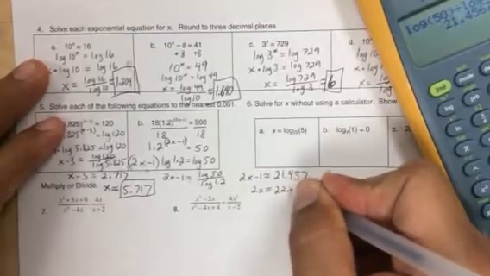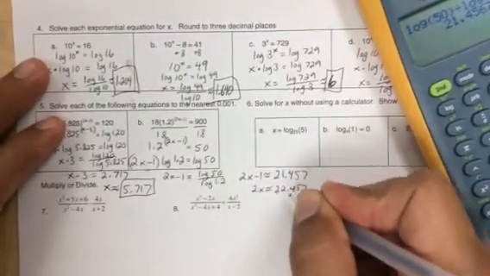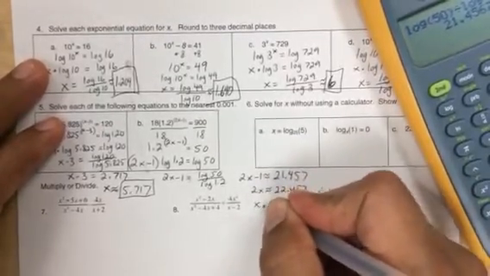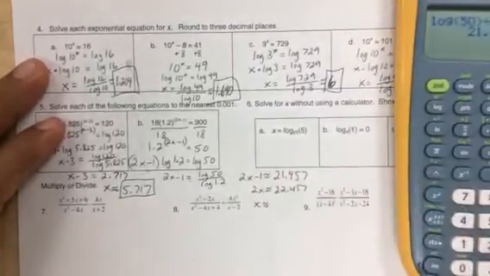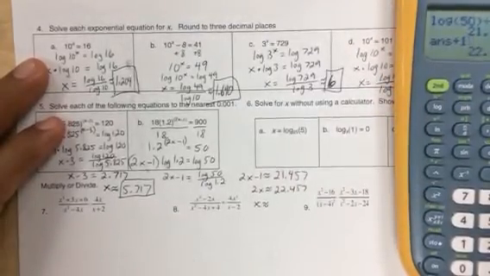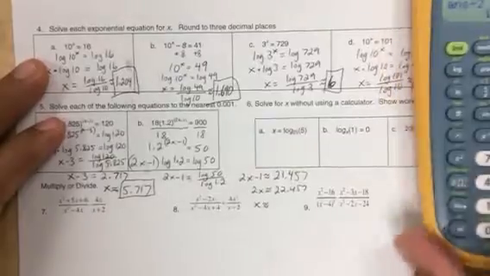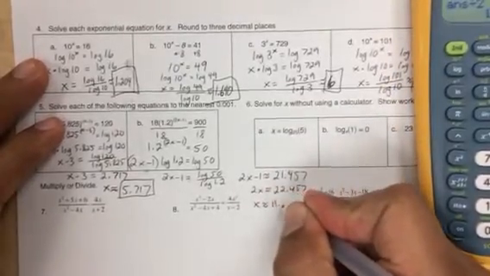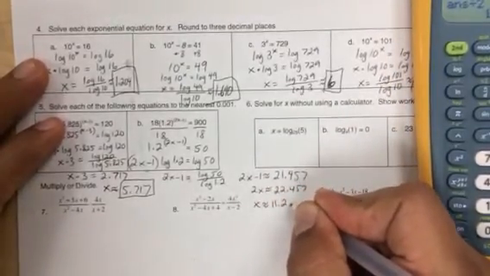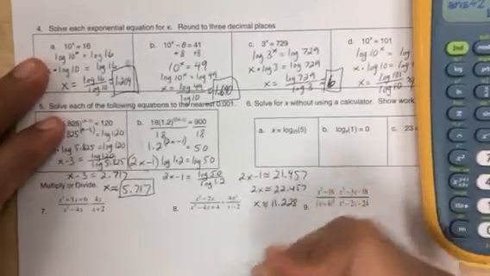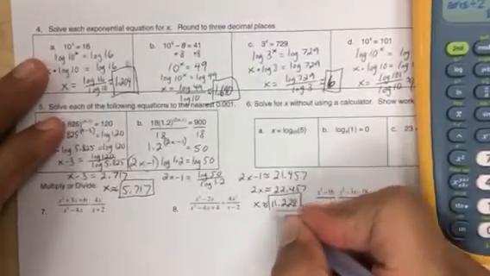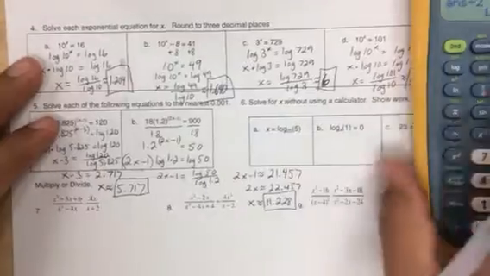So we'll get 22.457. And lastly, we want to divide by 2. So x is approximately equal to 11.228. So that's our final answer right here, 11.228.